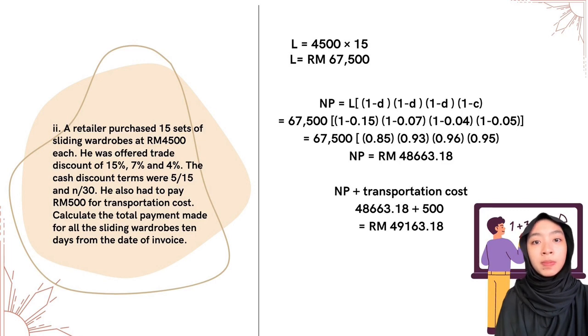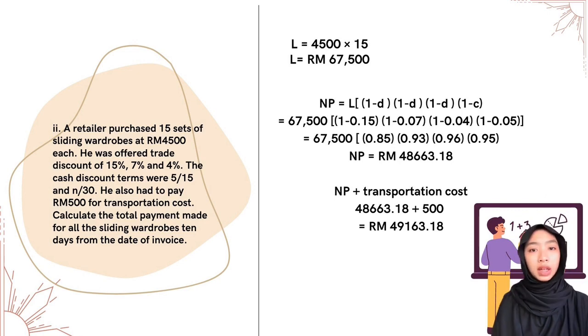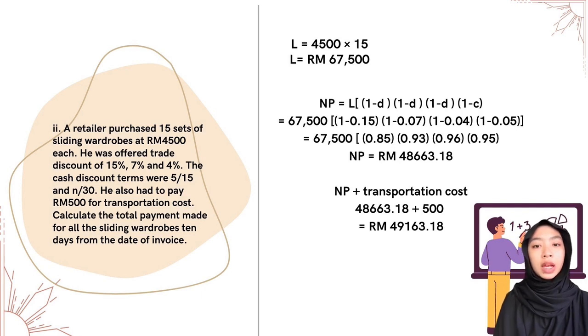The value for NP is RM 48,663.18. After that, we need to add the net price and the transportation cost: 48,663.18 plus 500. So the last answer for this question is RM 49,163.18.